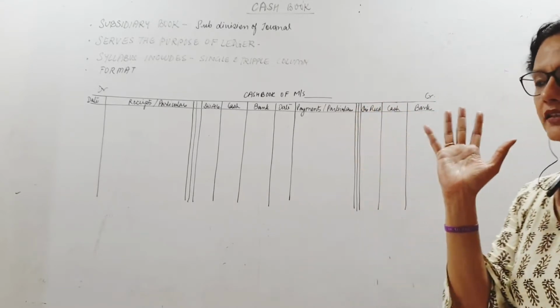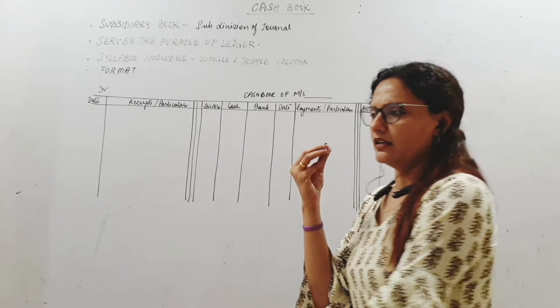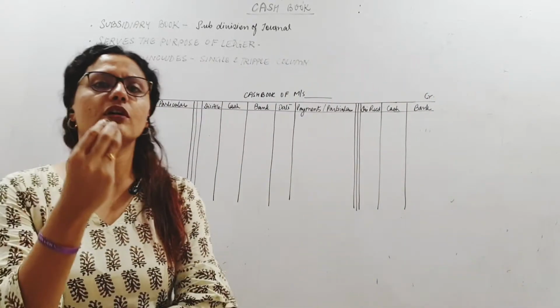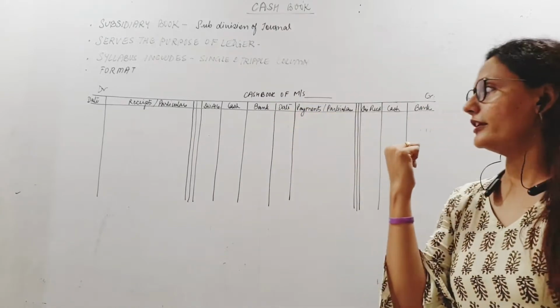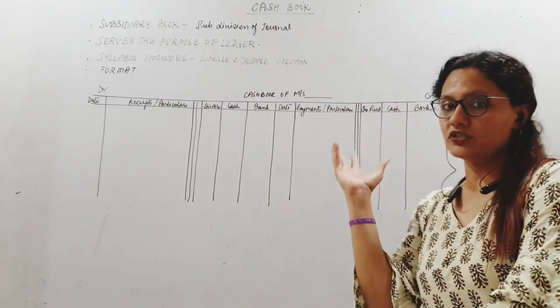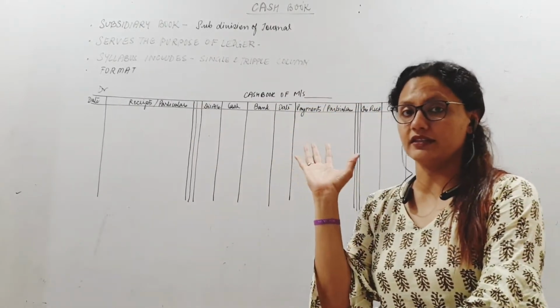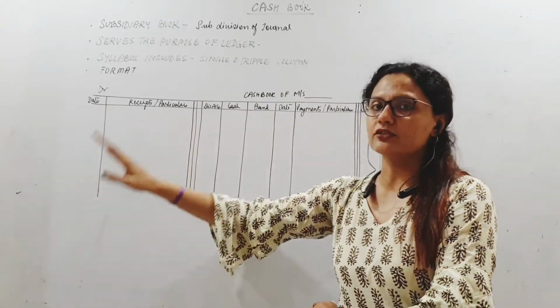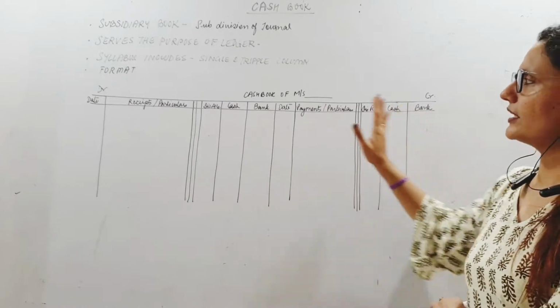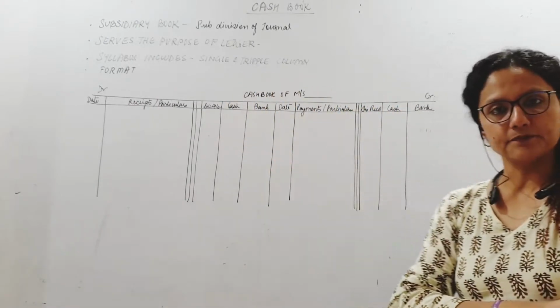So this is basically a journal because the first record of all the transactions related to cash and bank will be recorded here and nowhere else. It's not being posted and brought here, although it's a ledger. So it's a journal. It records all the transactions related to cash and bank date-wise, chronologically.